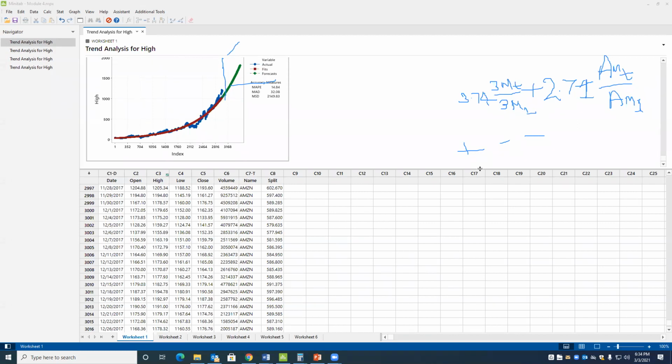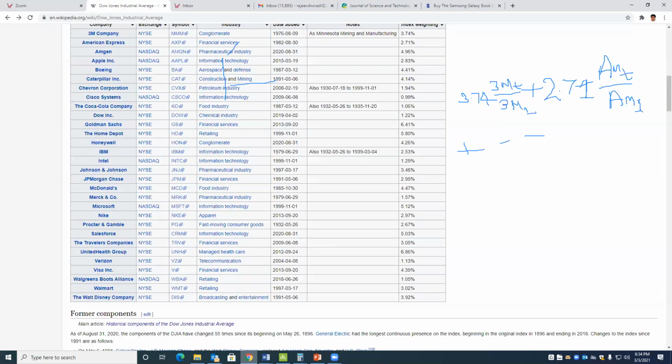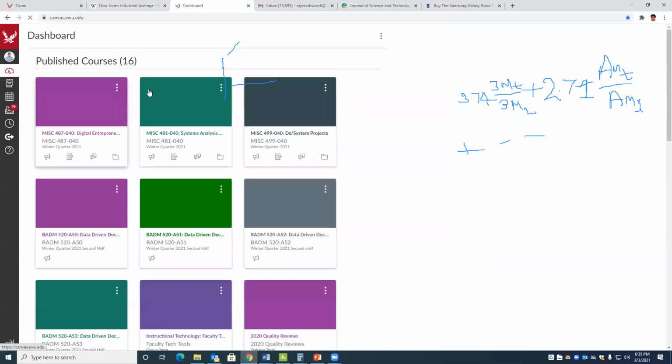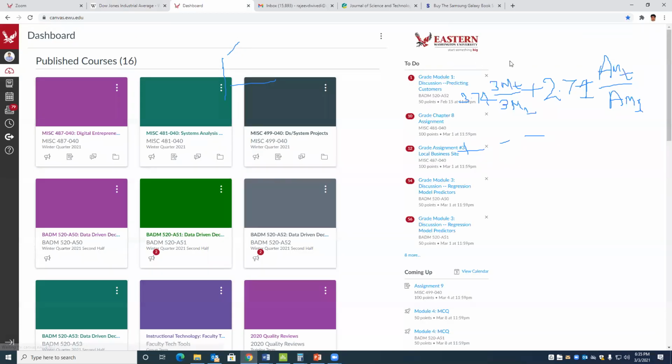I have a question about the discussion. Could you clarify what you are looking for in this week's discussion? Because it says, how do you see the performance of the Dow Jones Industrial Index for the next 5 years? What seasonal factors will influence the accurate forecast of the index?